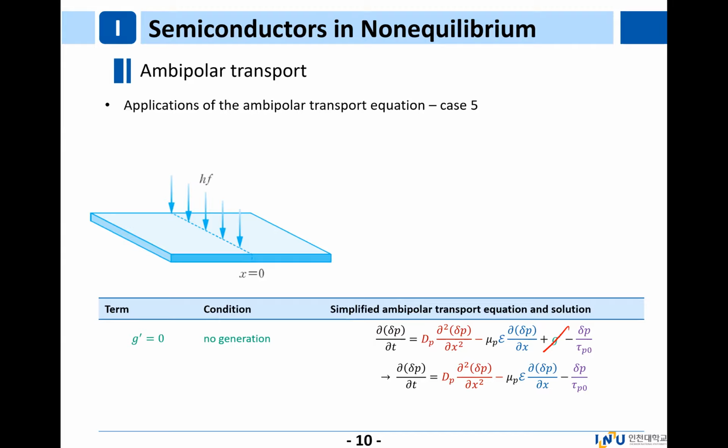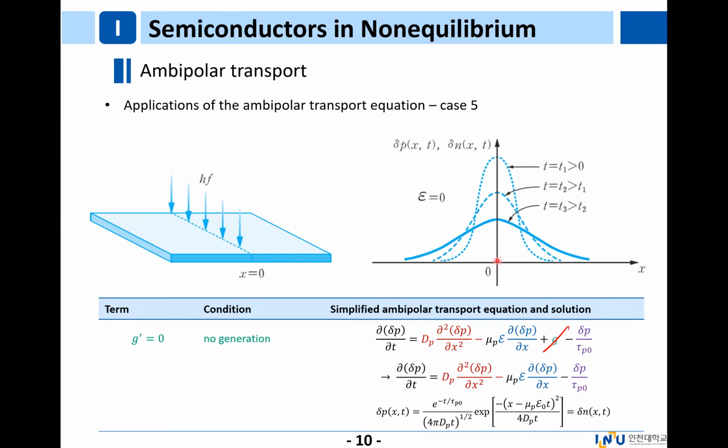Since the equation is somewhat complex, let's briefly look at the result. So if there is no electric field, excess carriers will diffuse in both directions, and it can be expected that there will be no significant shifts in the peak position of the curve.